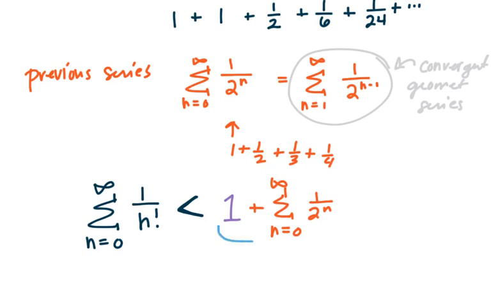And since the right side here is always a convergent series plus 1, since this is convergent, then on the left, the series which is smaller must also converge.